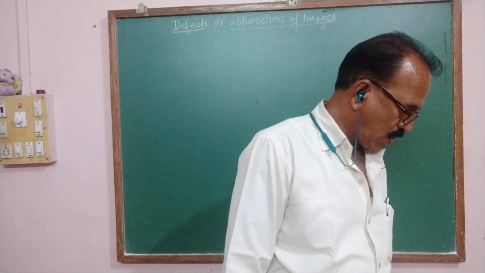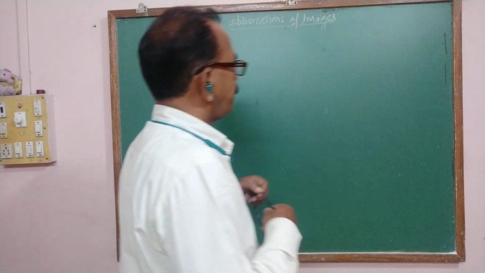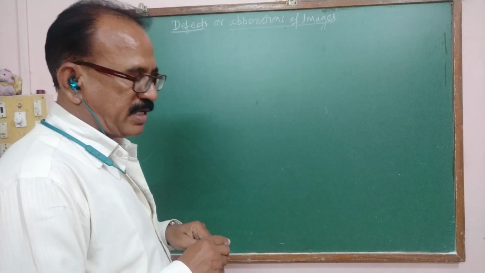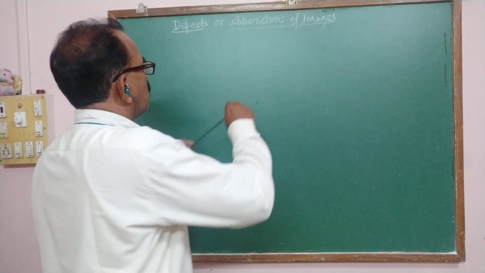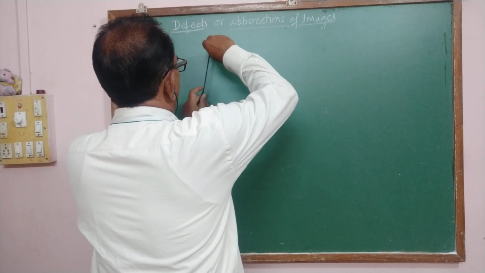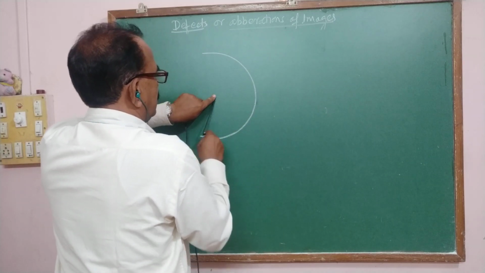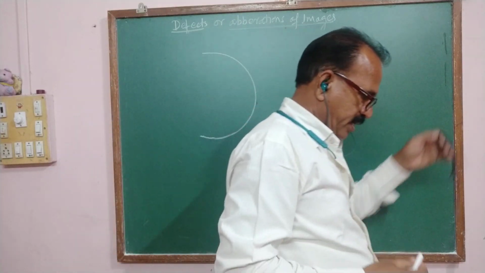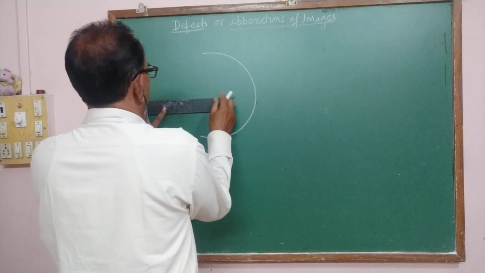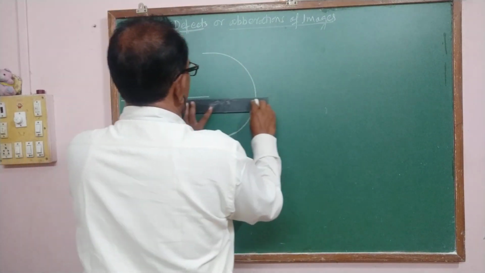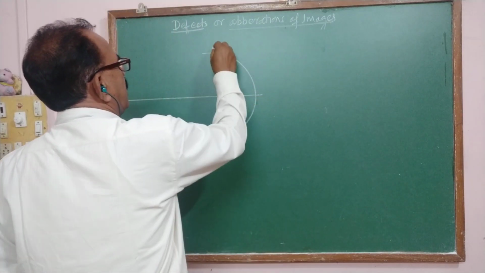We know that f is equal to R by 2. If the diagram is like this, if we take a spherical concave mirror, like this, this is the principal axis.